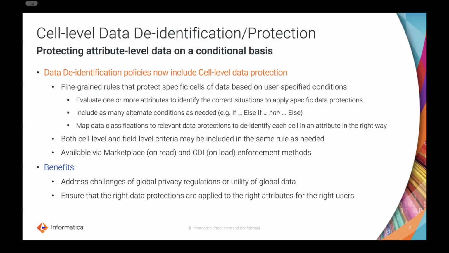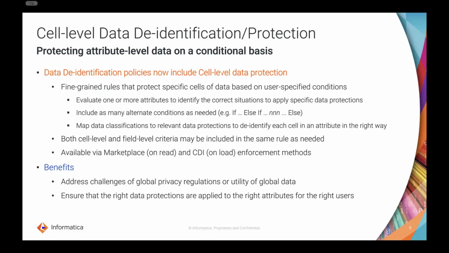So you can evaluate one or more attributes, maybe it's a country code, maybe it's an active status code, and be able to say, for those particular conditions, here's what I want to do, identifying one or multiple conditions, saying what type of data protection you want to apply, and doing that uniquely for that condition.